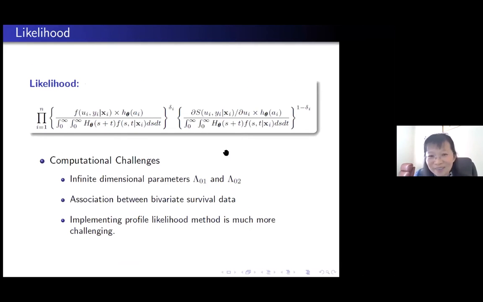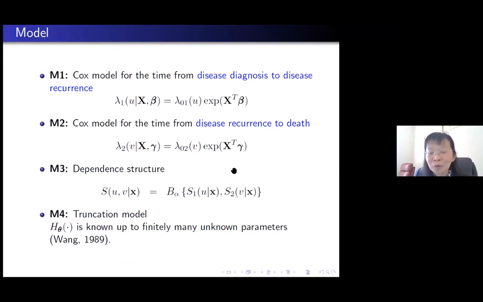Yeah, thanks for raising this important question. Yes, I forgot to mention that one advantage of using copula is that the model and the estimation of the marginal distribution and the dependent structure is independent.